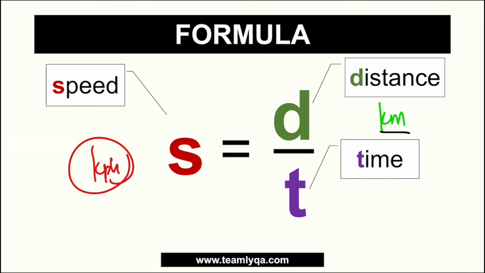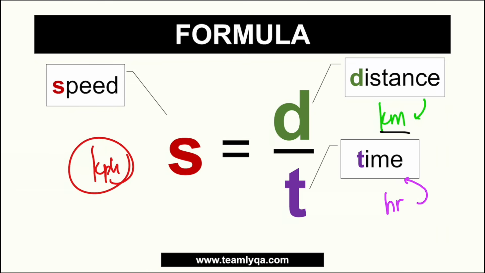So if you think about it, dahil ang kilometer ay unit ng distance, you can think of kilometers per hour as your clue sa formula ng speed, which is distance over time. Kasi ang hour naman ay unit of time. Okay? So always think about yung unit of measure na yan na kilometers per hour. So distance over time.